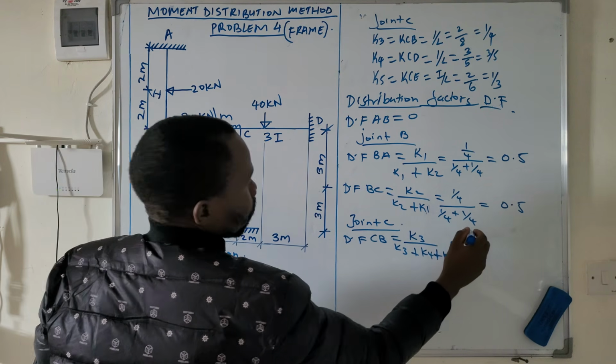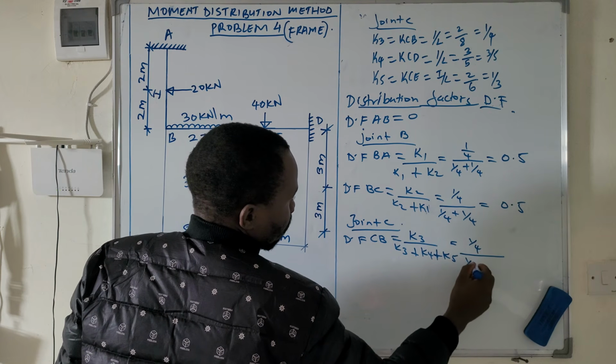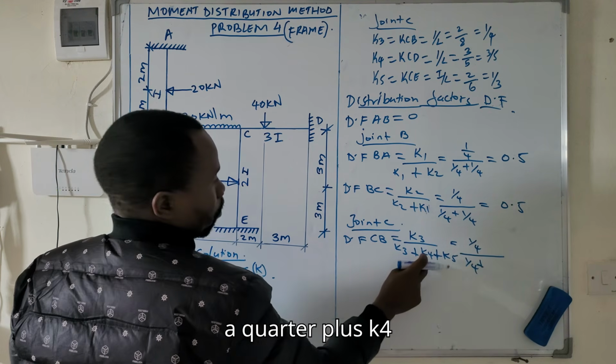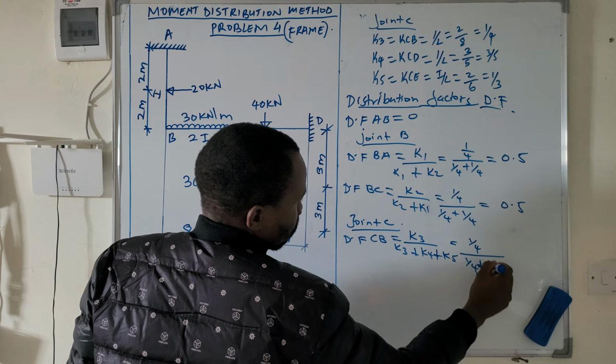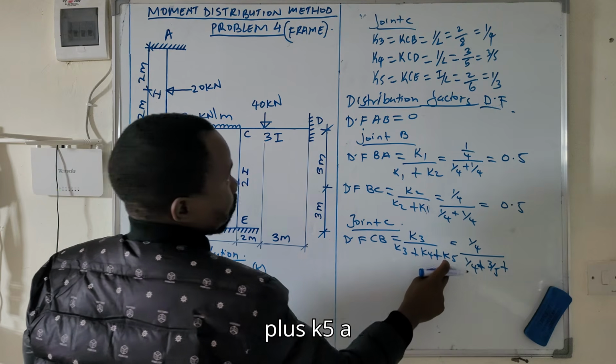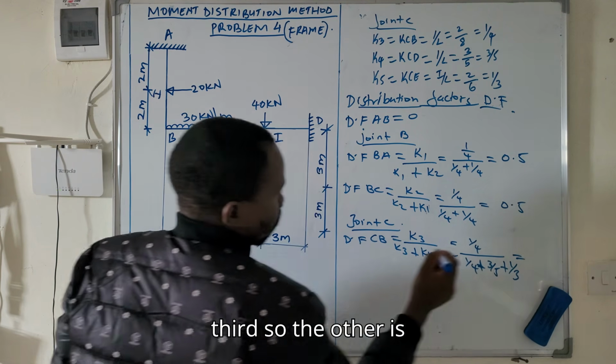K3 is a quarter, over a quarter plus K4, 3 over 5, plus K5, a third.